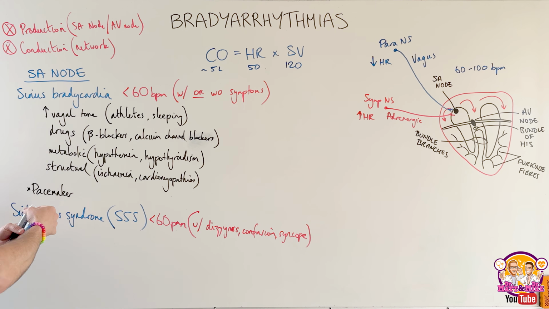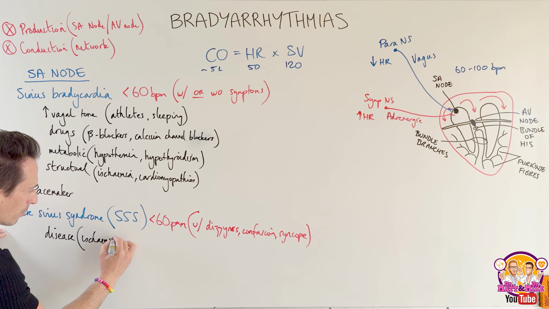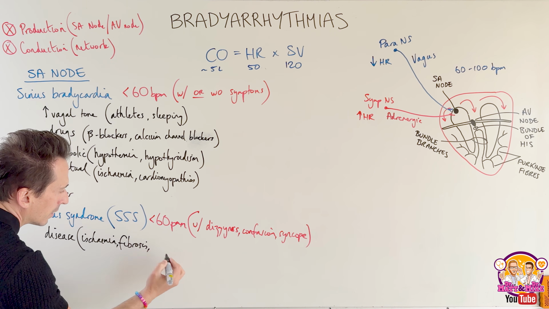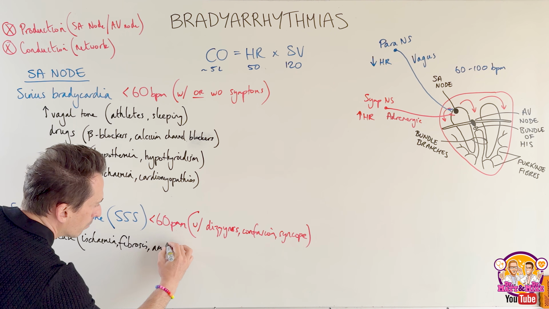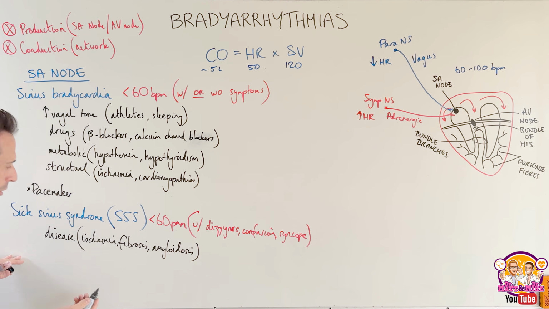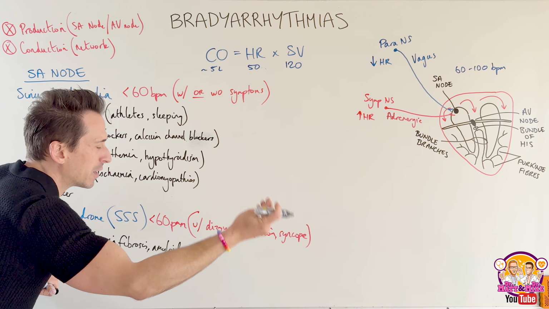Now, this can happen generally due to disease, right? And these diseases can include things like ischemia, maybe fibrosis, so scarring, right? Amyloidosis, so proteins building up when they shouldn't. All these things can affect that SA node, not just slow it down, but make it fire off irregularly.